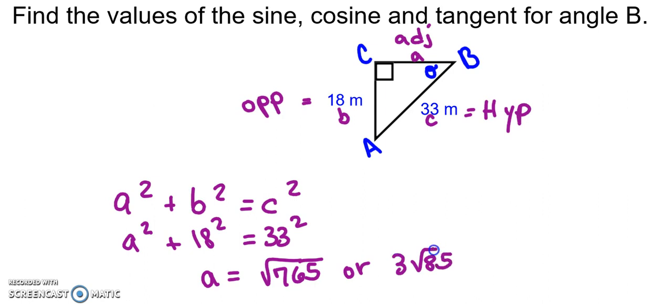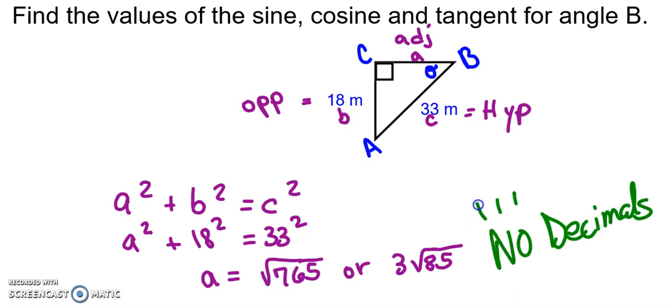I want you to simplify it down to this part here because it'll make it a lot easier to work with than big, huge numbers later on, because we're going to have big numbers and all that good stuff. Simplify it as far as possible, but no decimals. Unless they give that to you in the problem, there are no decimals.